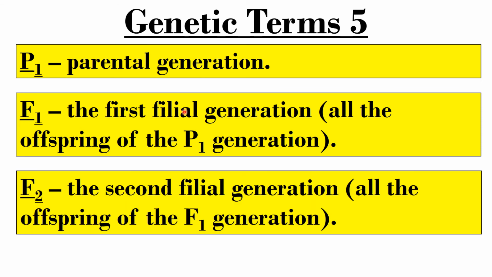And then finally, you have the F2 generation, and that is all the offspring of the F1 generation. If you think about it as your family, you could think of P being your grandparents, F1 your parents, and F2 would be you. Or P being your parents, F1 being you, and then F2 being your future children.